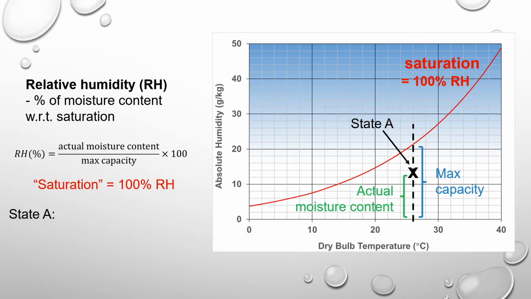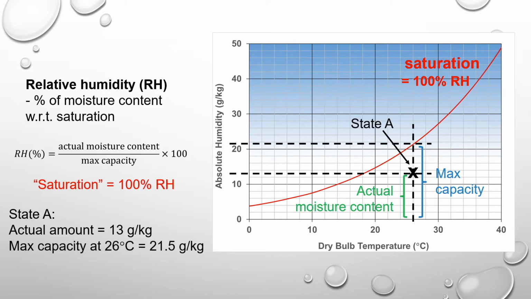For example, the actual amount of moisture is 13 gram per kilogram at a temperature of 26 degrees Celsius. Since the maximum amount of moisture that air can hold at 26 degrees Celsius is 21.5 gram per kilogram, the relative humidity is therefore 13 divided by 21.5, which is about 60%.